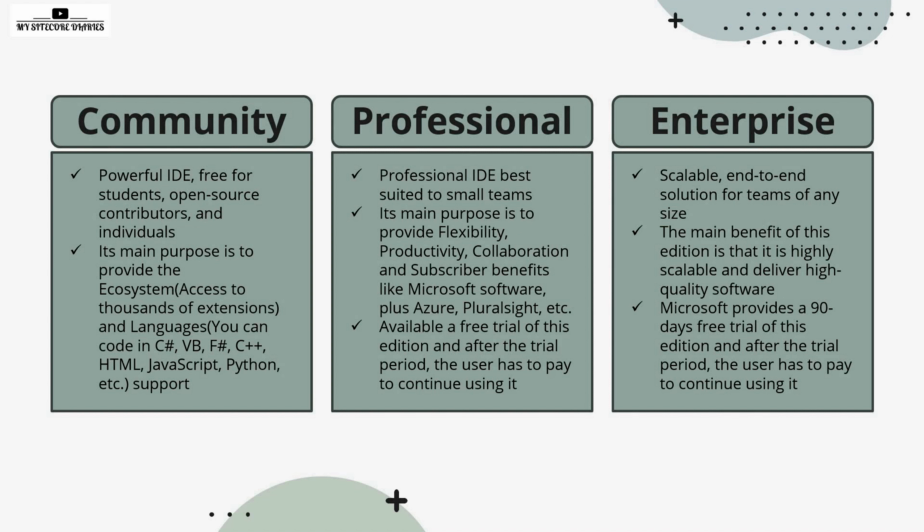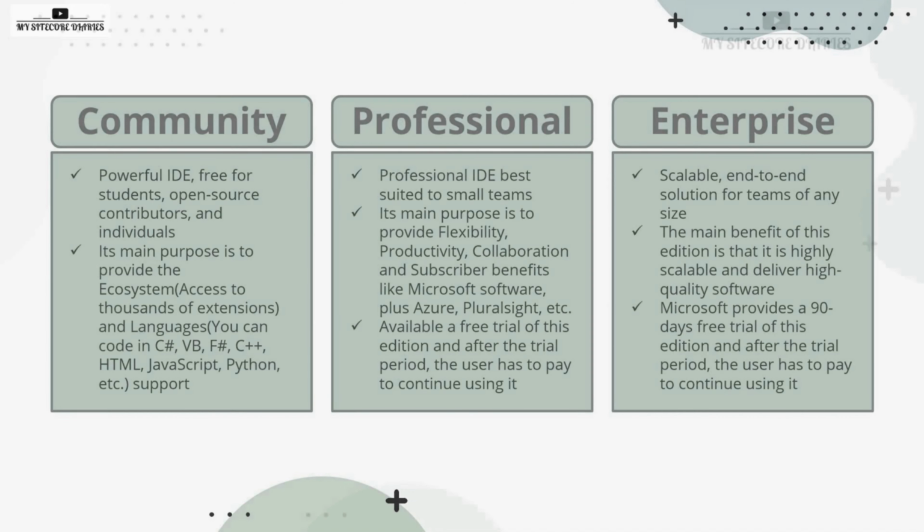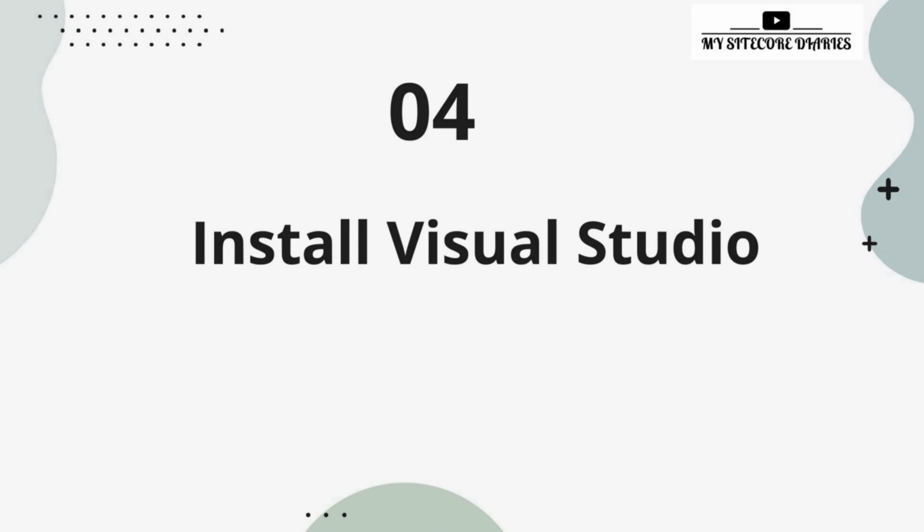So these are the three editions available with Visual Studio: Community, Professional, and Enterprise. For our development purpose, you can download the Community edition and use that, and that is what we are going to do in the next section, that is installation of Visual Studio.